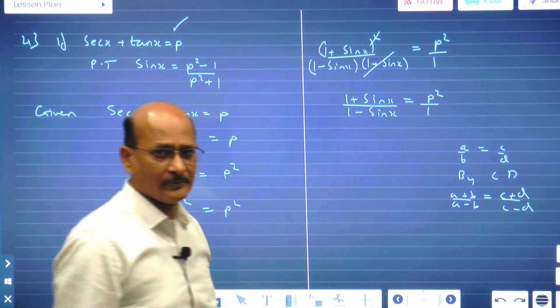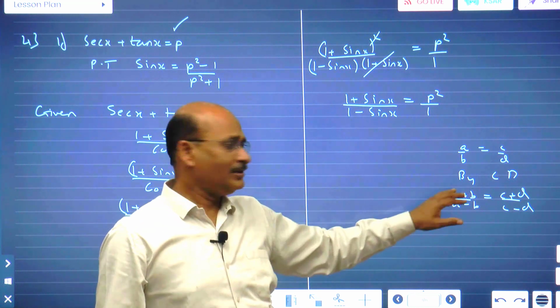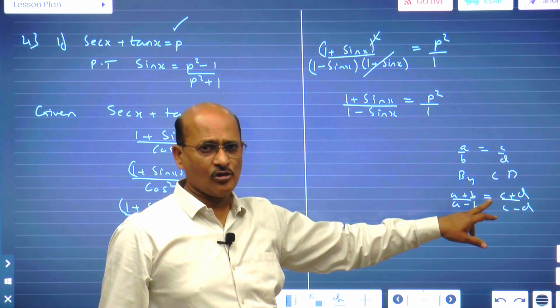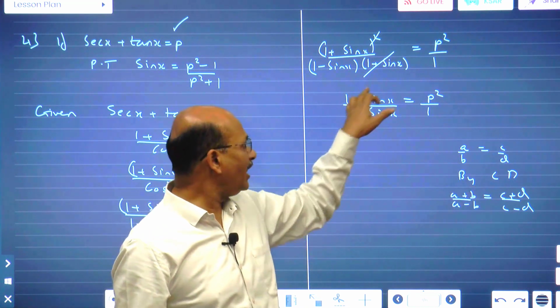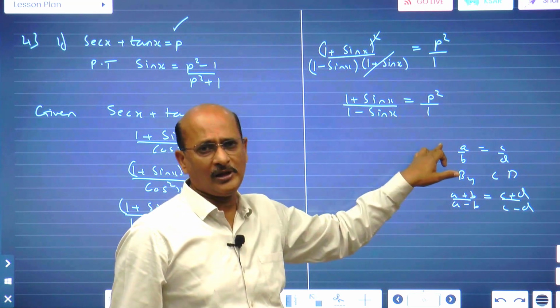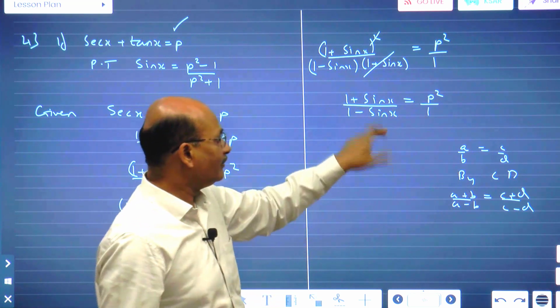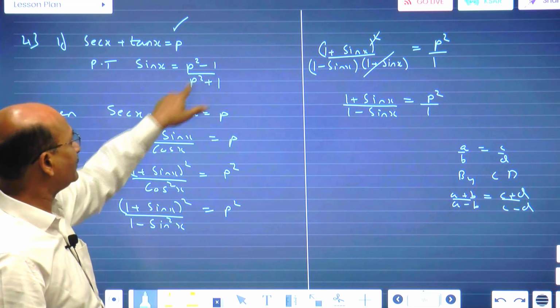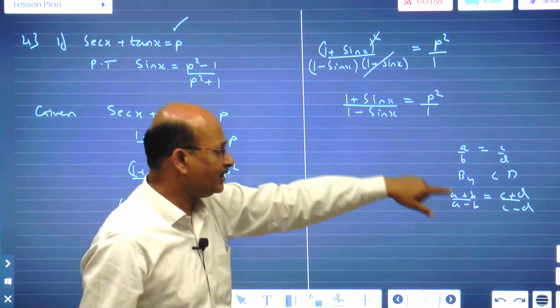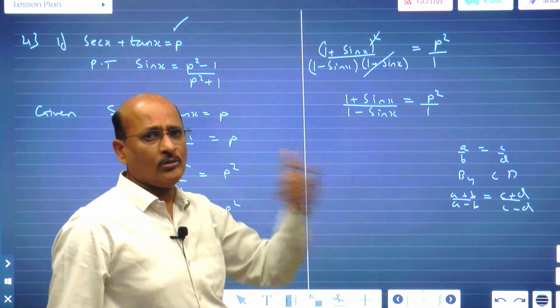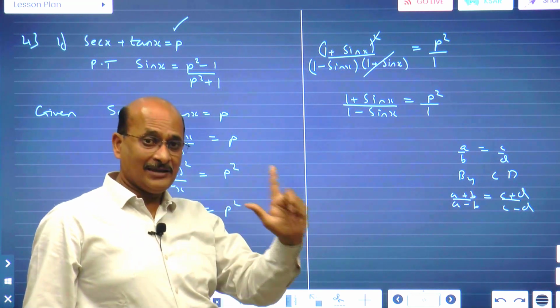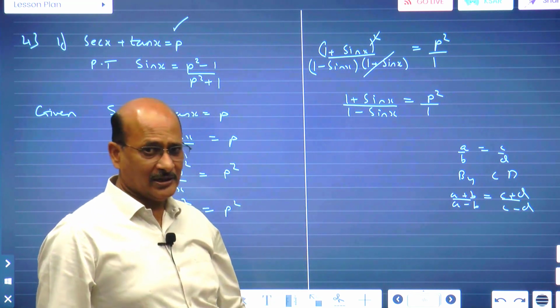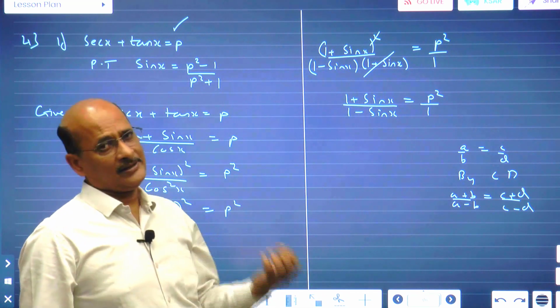Children, do you remember this? These are properties of ratios which we can use in any a upon b is equal to c upon d form. Because I want this a minus b upon a plus b, that's the reason. You had studied the componendo dividendo property in 10th standard.